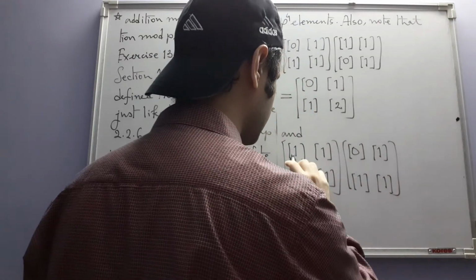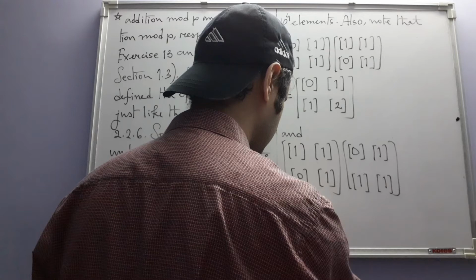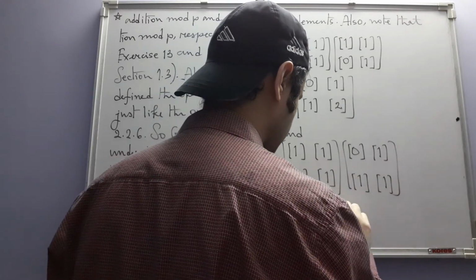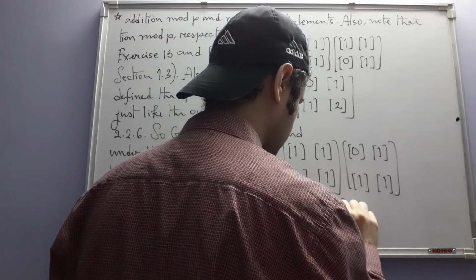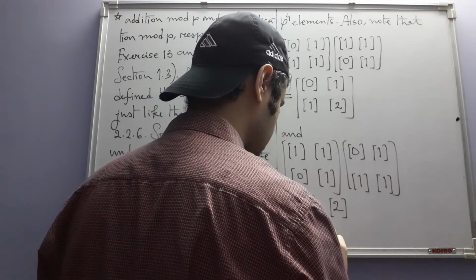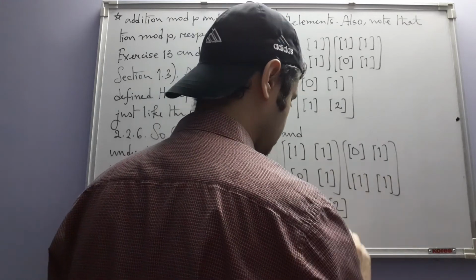So this gives us 1 plus 1 2, 0 plus 1 1, plus 1 1.